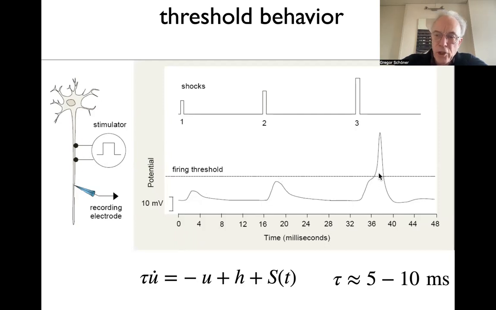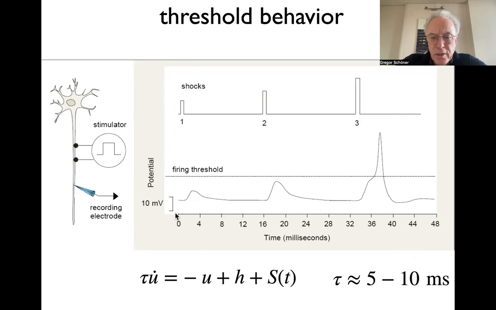When a threshold is reached, there would be this spike, the self-excited single pulse of activity. And the mathematical description of this potential leads to exponential behavior with a timescale that is similar to the timescale we're using in most of our modeling.